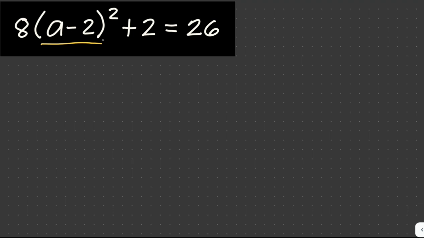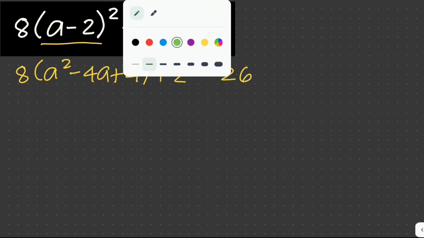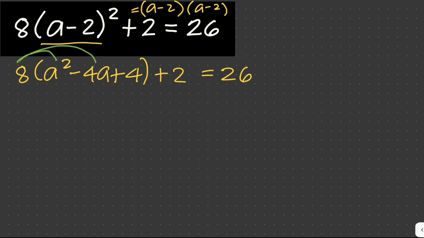So (a minus 2) squared is just (a minus 2) times (a minus 2). So this would be 8 times (a squared minus 4a plus 4) plus 2 equals 26. And then we distribute 8 here to the expression inside the parentheses.